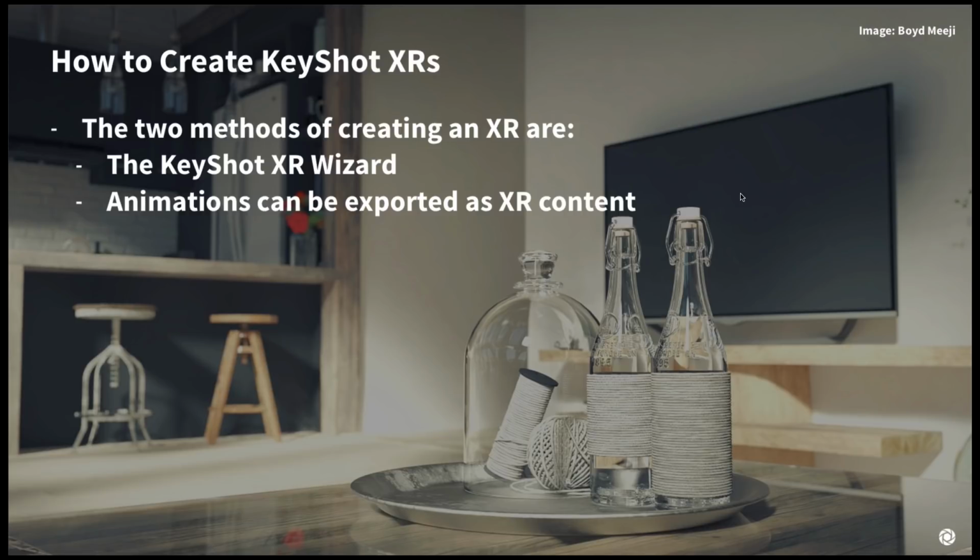The other method is that once you create an animation, whether it's intended to be rendered out as a video or for an XR, once you've built an animation within the KeyShot animation timeline, you can export that as XR content. So you can take an animation and turn it into something that's a bit more interactive than an animation. I'll show you exactly how that works.